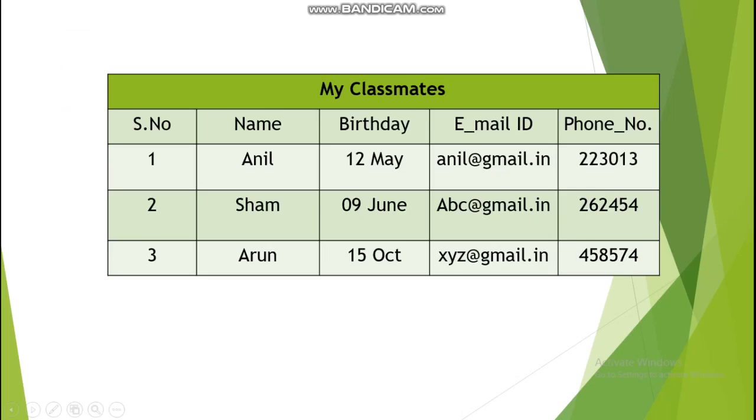So for this we need to use the rowspan and colspan attributes. We saw how to use these in the previous video also. Rowspan and colspan are attributes of the th or td tag.